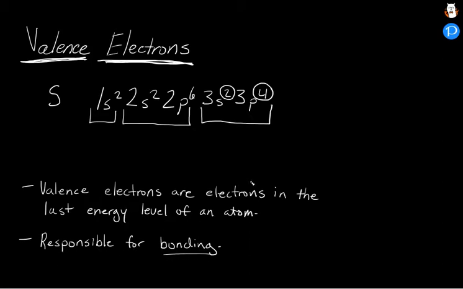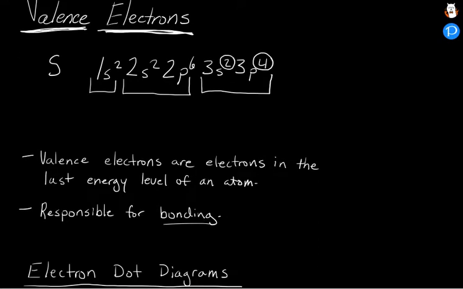Whenever we have two elements that are bonded together, they are bonded together because of these outer shell electrons. These inner electrons really don't have anything to do with the bonding between different elements. So we really only care about the outer energy shell electrons, which we call valence electrons.